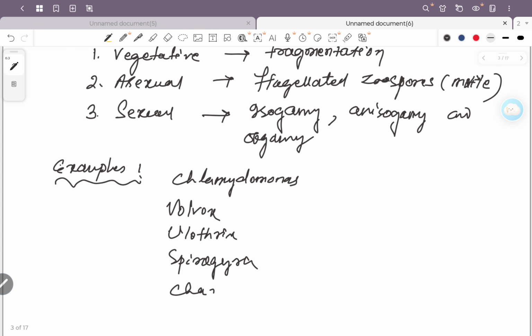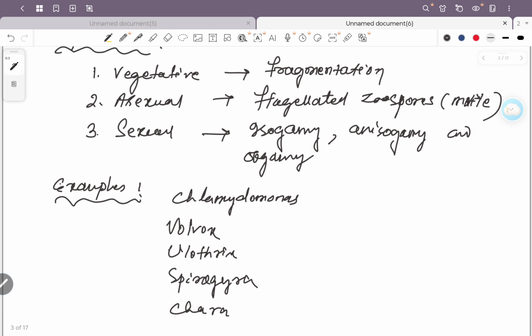These are the examples given in your textbook. Besides these, some other algae are also there. You know the structure of Spirogyra. Spirogyra is like this. They have spiral chloroplasts like this, and they have the pyrenoids.